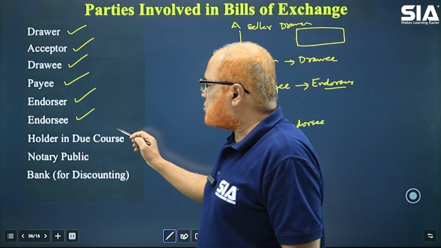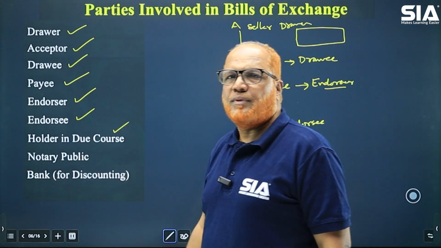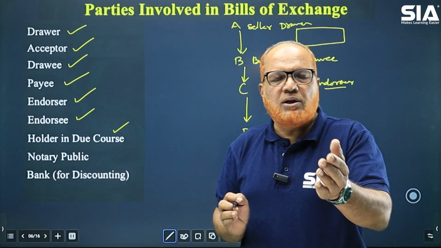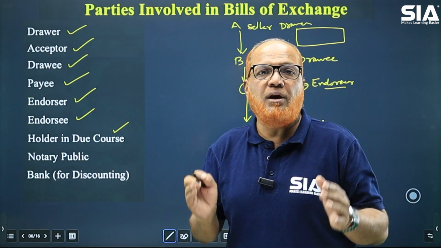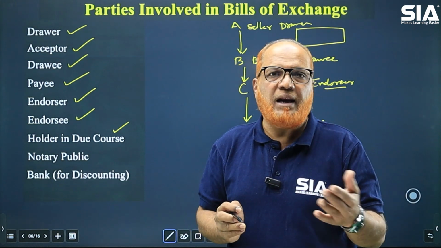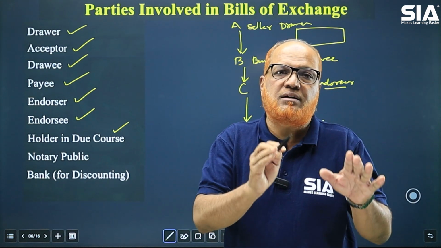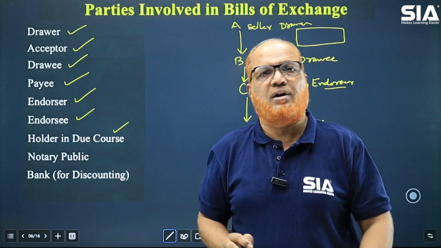So next one is holder in due course. Actually, holder in due course is that holder who has got the bill in good faith for value without any knowledge that there is defect in the title of the transferor.